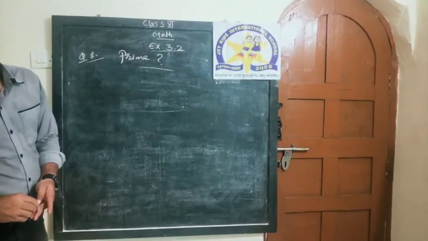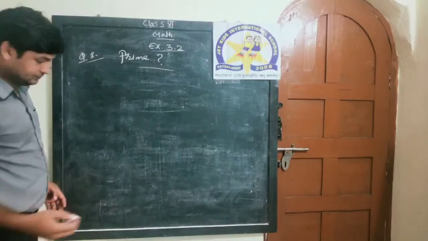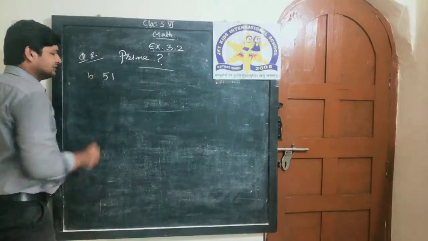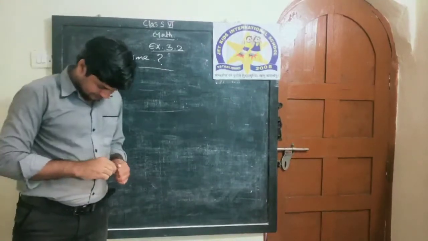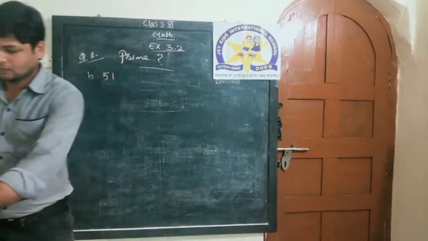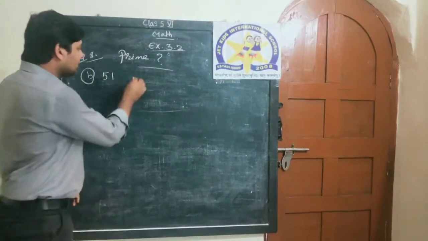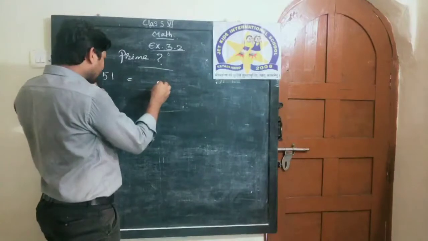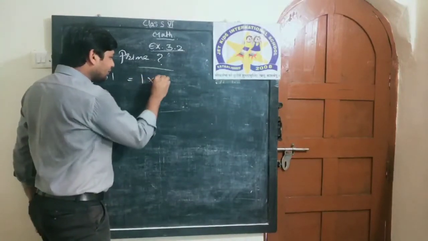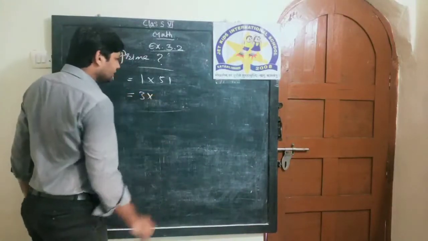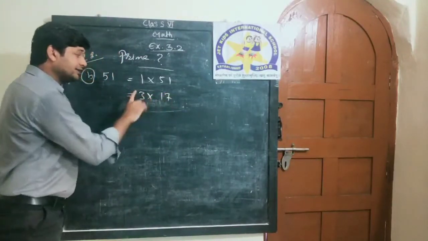Next one is 51. Now I am finding the factors of 51. 1 multiplied by 51, 2 multiplied by nothing, but 3 multiplied by 17, because 17 threes are 51.